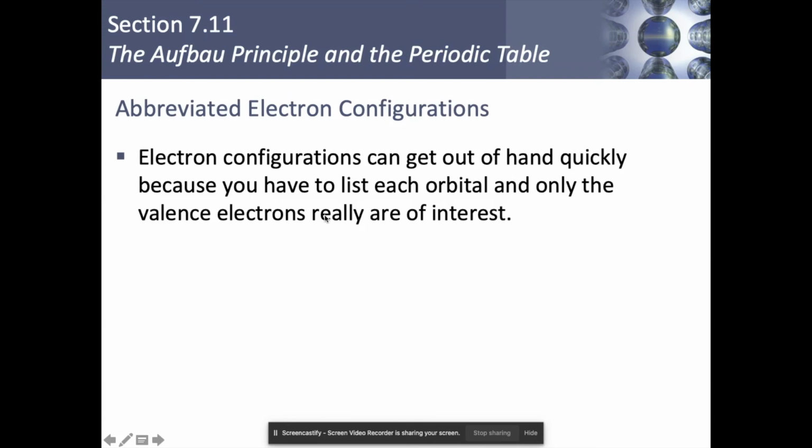So I'm teaching you another shortcut. If orbital diagrams are the hard one, electron configurations are a shortcut. Abbreviated electron configurations are a shortcut to a shortcut.